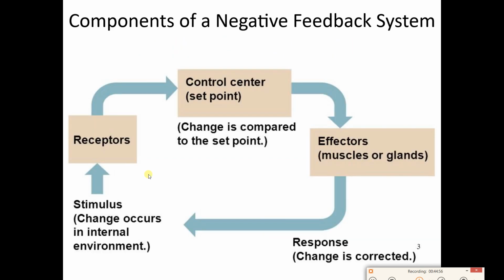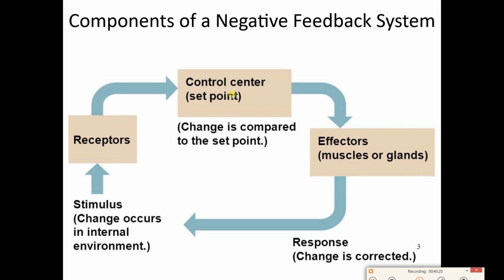Always, always, always. And to do negative feedback, there are three major parts of the system that allows us to do this. Three parts: receptor, control center, and effector. So receptor detects the change.